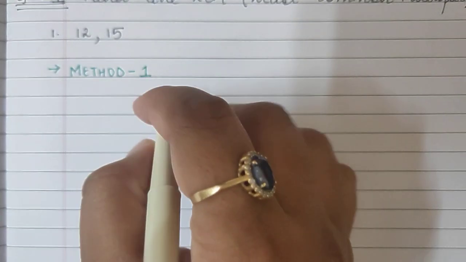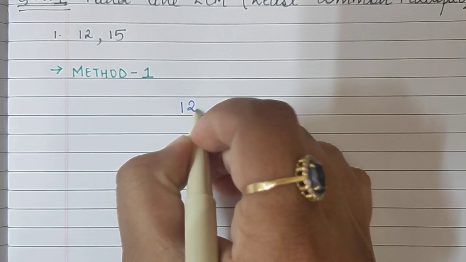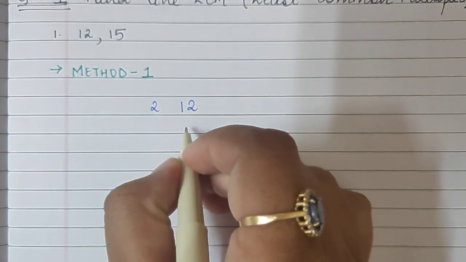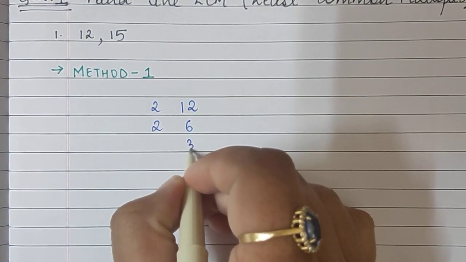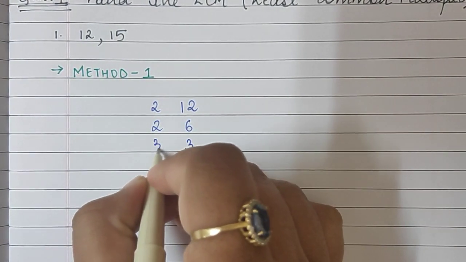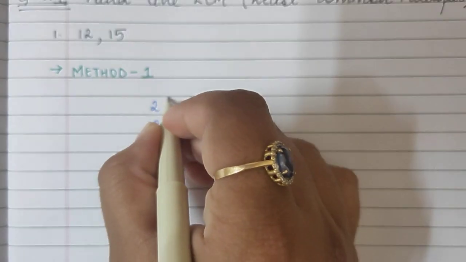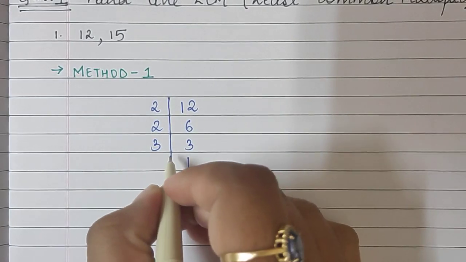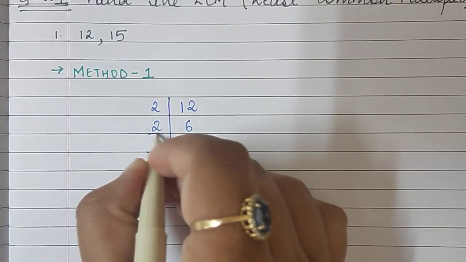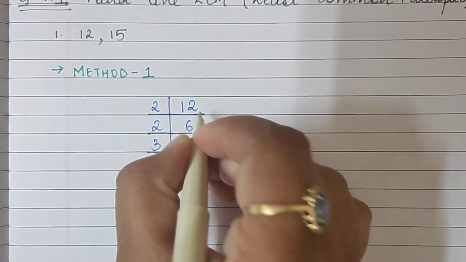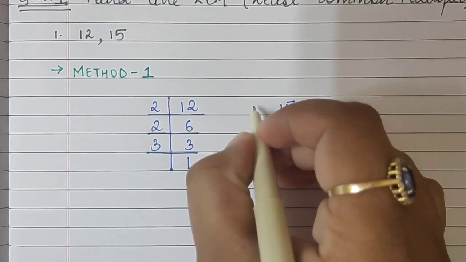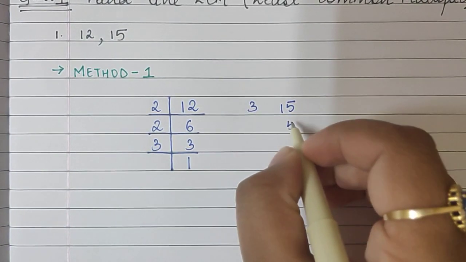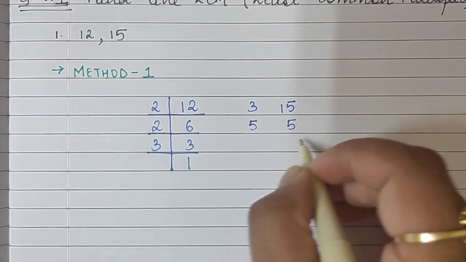So I'm going to find factors of the number 12 first. 2 6s are 12, 2 3s are 6, 3 1s are 3. And the factors of 15: 3 5s are 15 and 5 1s are 5.